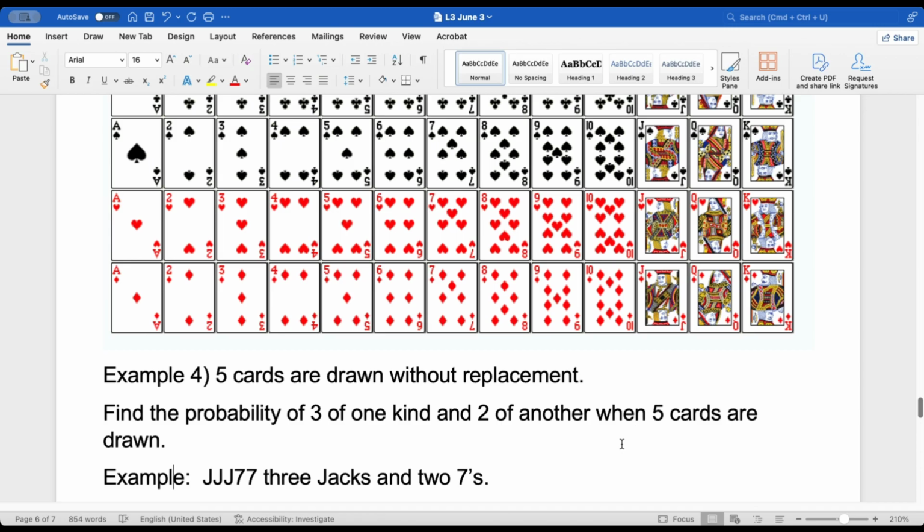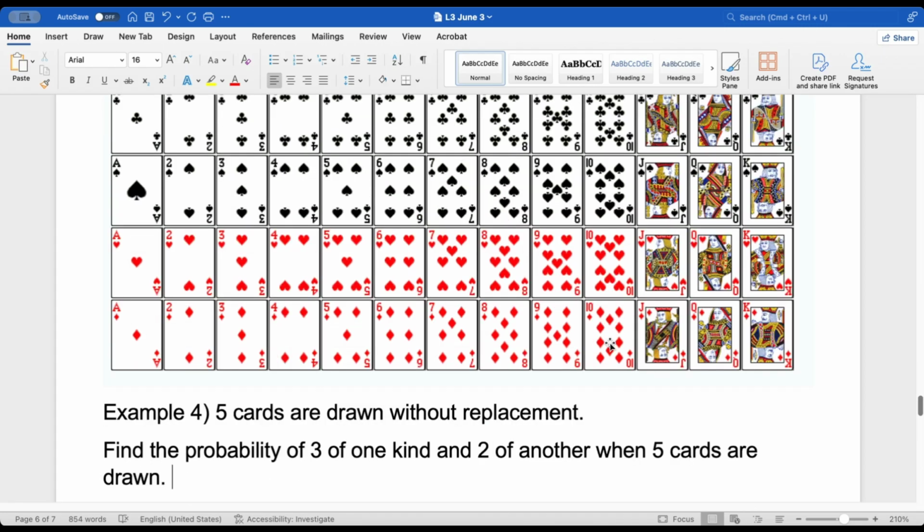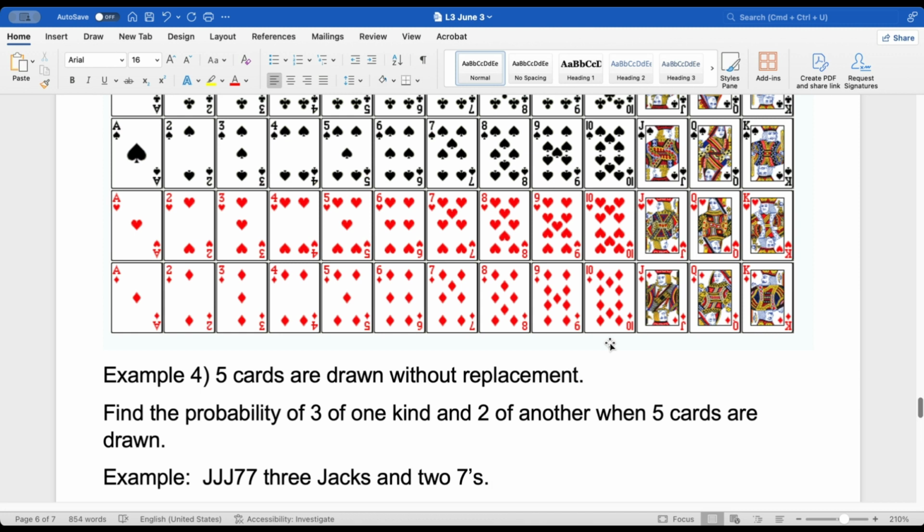Just to see a physical example here. But again, we have to do a general count here. So how many ways are there to select 3 of any one value? You're selecting 3 from a total of 4 options for any one card value. So you're taking 3 out of 4 jacks, and then you're taking 2 out of 4 sevens.